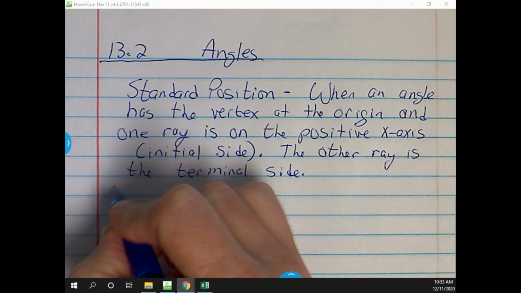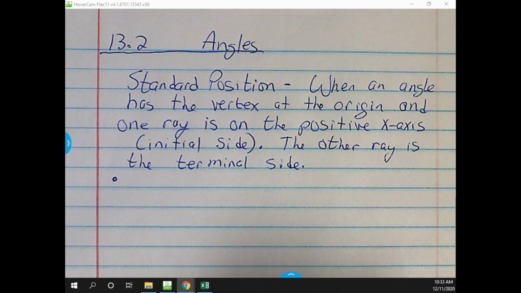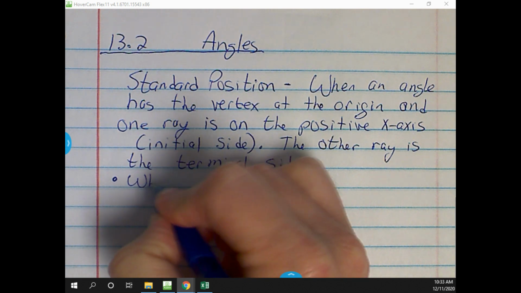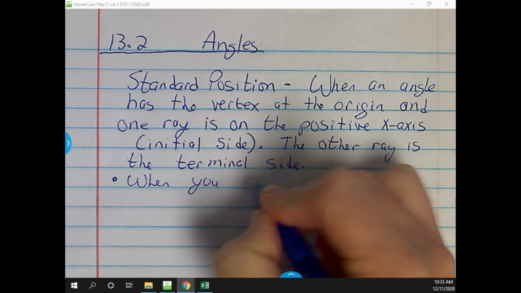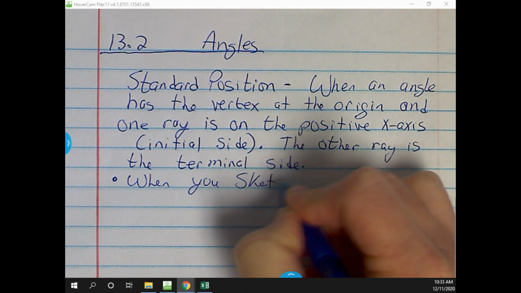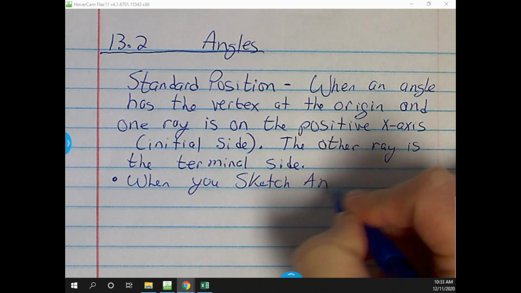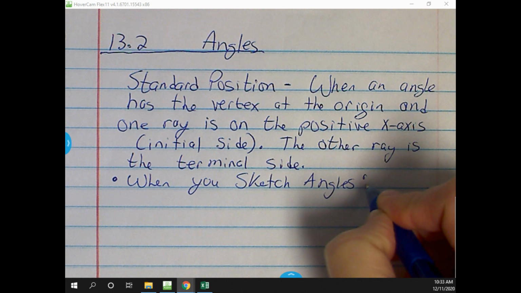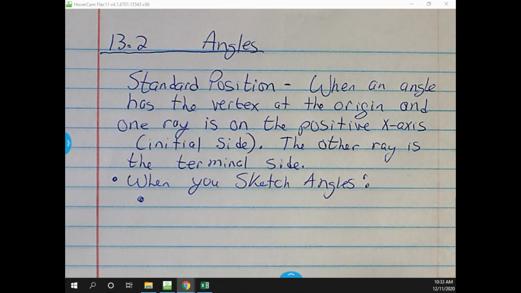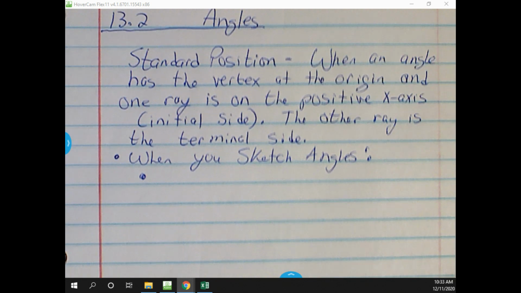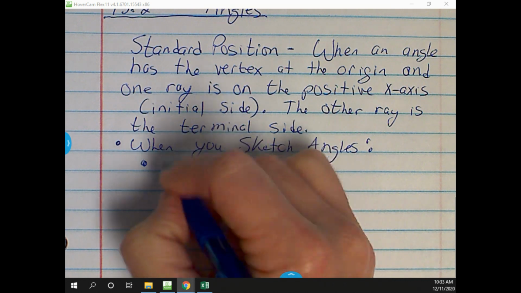Okay, as you do these, a couple of things you have to know when you sketch the angles, because you basically have two options. You either have positive angles or you have negative angles.